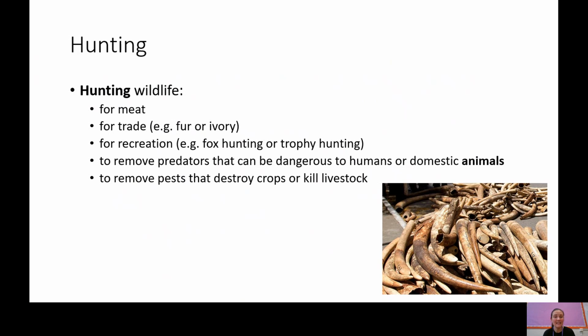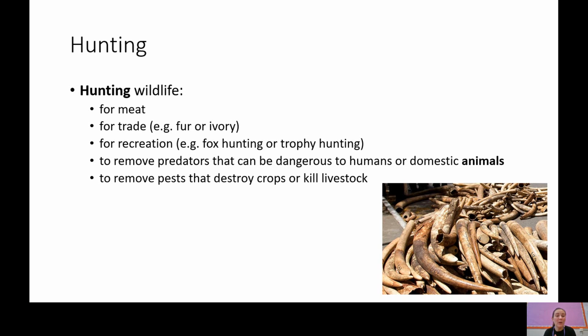Then there is recreation. Recreation is like leisure time. Examples of this might be fox hunting, which people do for fun, for leisure, or trophy hunting, where people hunt large and dangerous animals just so that they can take a photo next to them and say that they were able to hunt a really big and dangerous animal.